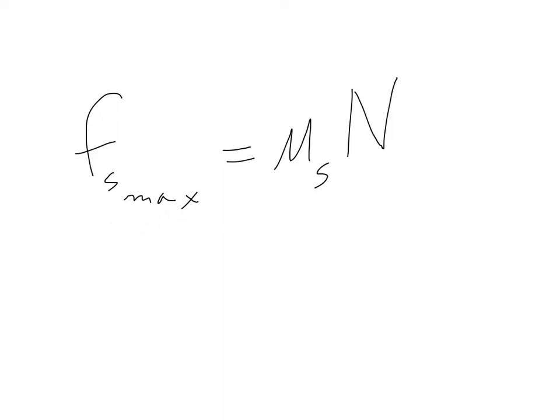So this equation only tells us the maximum possible static friction force, because static friction can usually be any number less than this. If you only push 3 newtons to the left on a block, static friction will push exactly 3 newtons to the right on the block and exactly cancel out your force. So this equation gives the maximum value that static friction could push.